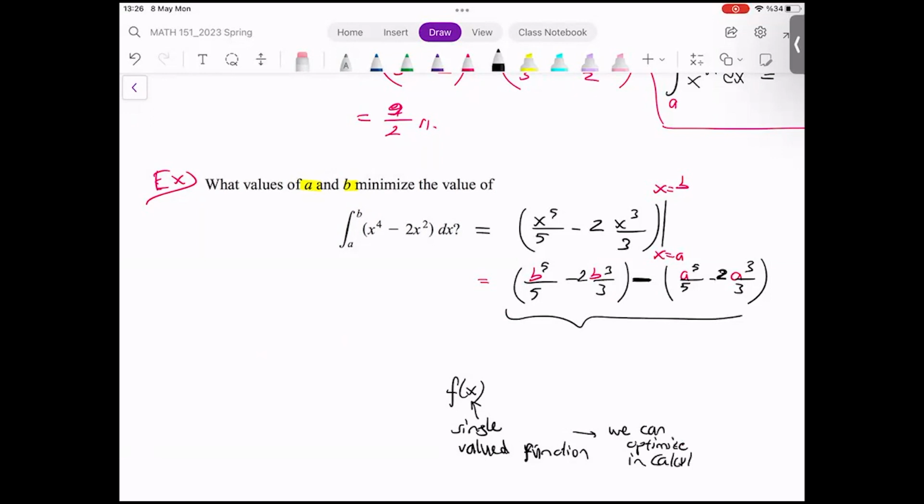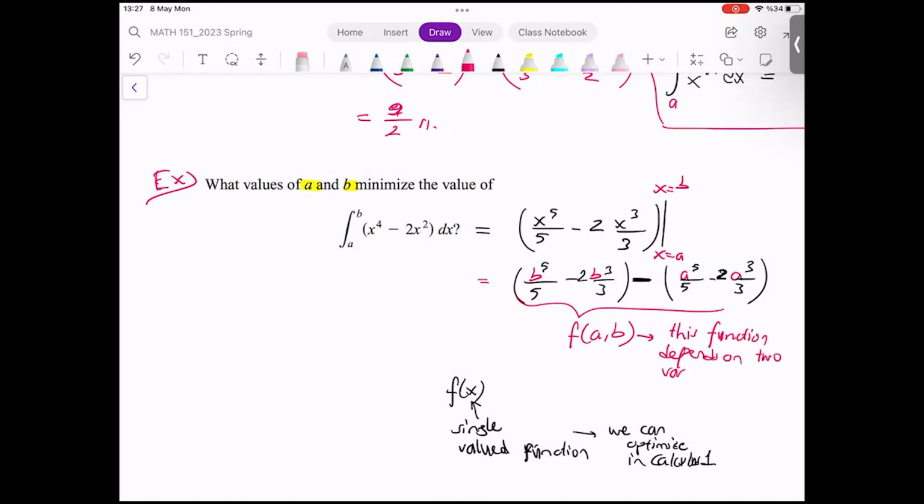But look at our function. This function depends on how many variables? It depends on 2 different variables, both a and b. So that's the problem. This function depends on 2 variables, not just a single one.